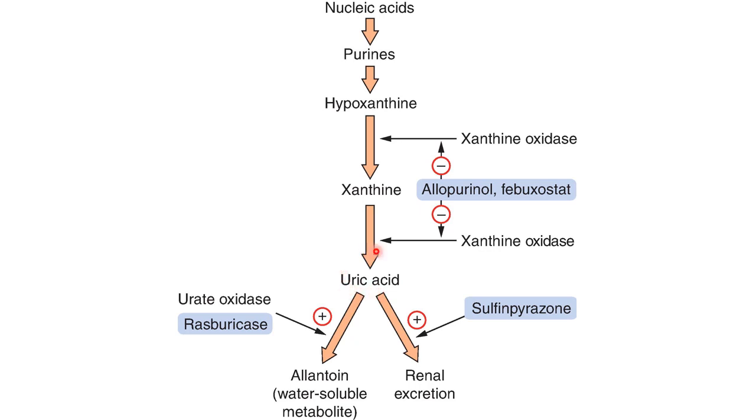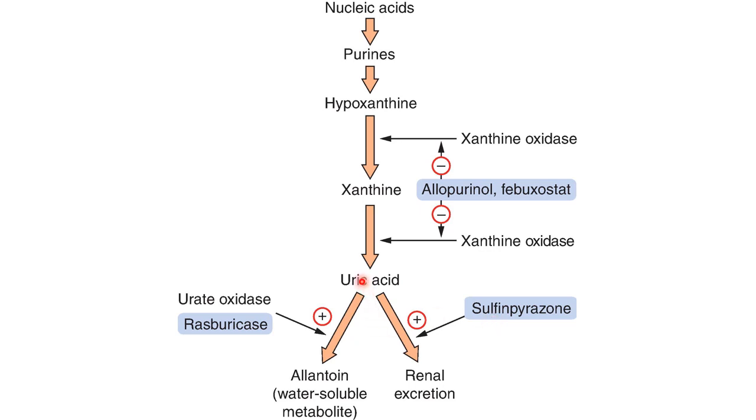Next, uric acid, if it does form, can be eliminated through the urine by the uric acid anion transporter in the proximal convoluted tubule. So this pathway of uric acid elimination is stimulated by sulfinpyrazone.